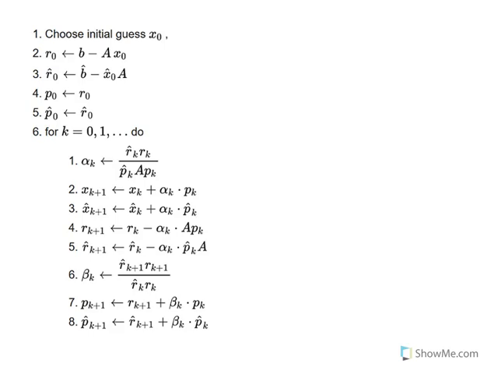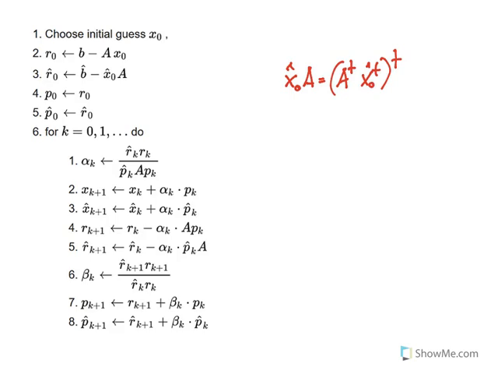So here is the biconjugate gradient method. And they've expressed things a little bit differently. This does not explicitly show applying A transpose, but notice that if you look at x0 hat times A, this is really A transpose applied to x0 hat transpose, and then the whole thing transposed.